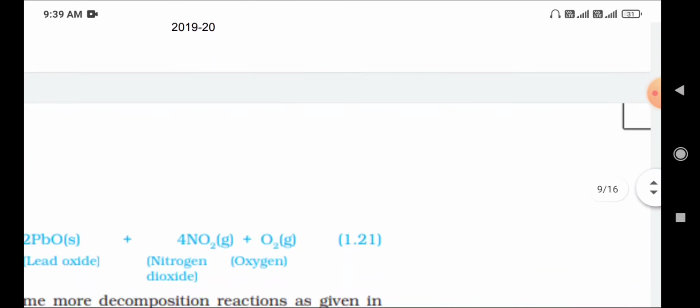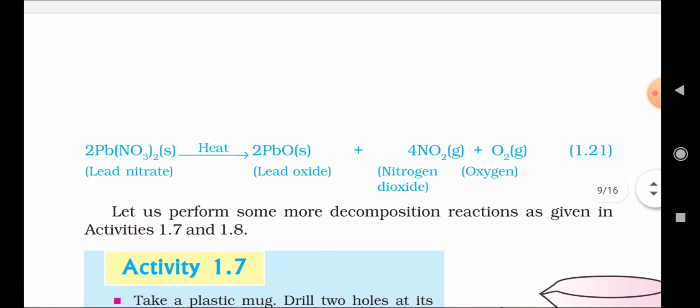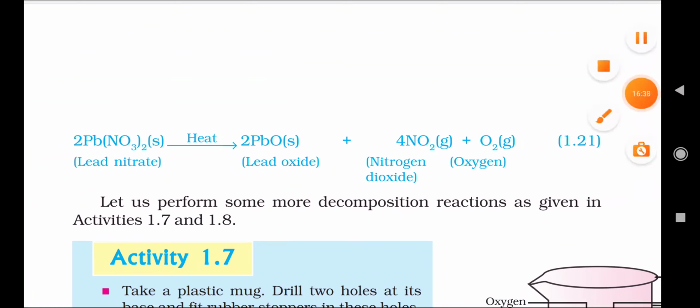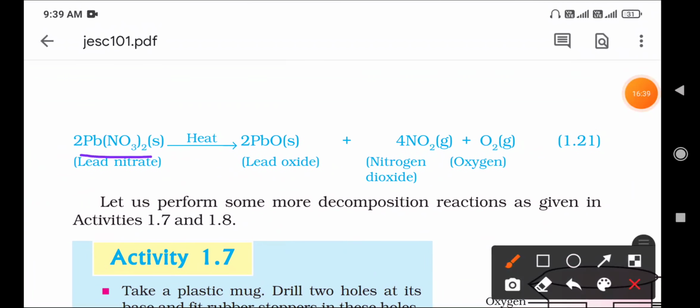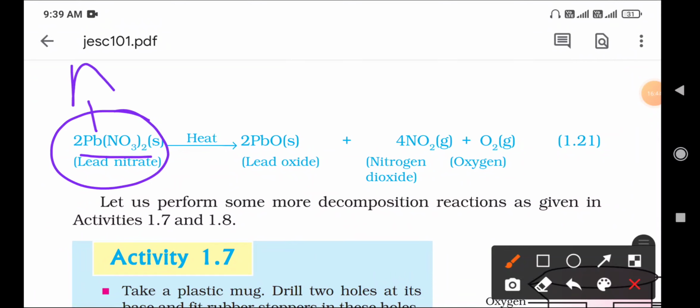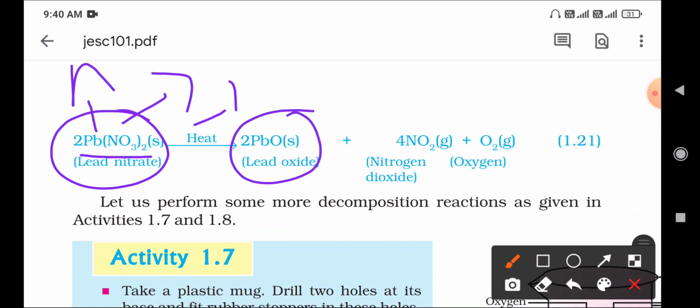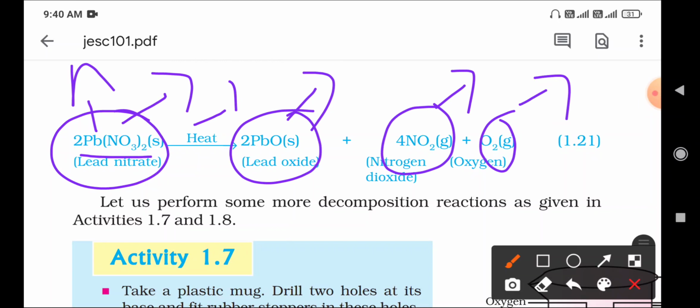Very important. So what is the reaction of lead nitrate? Pb(NO3)2, Pb means lead and NO3 means nitrate, is called lead nitrate. When heated, it gives lead oxide, PbO, which is a solid, and nitrogen dioxide, which is a gas, and oxygen, which is also a gas.